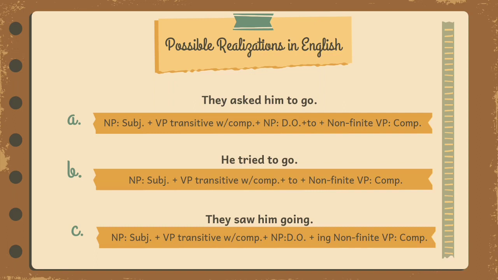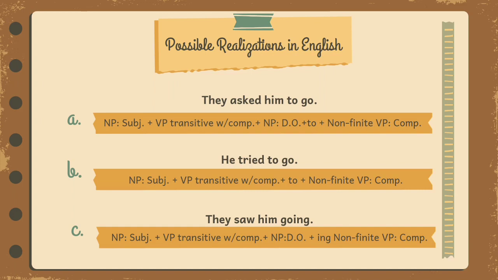These are followed by a noun phrase as direct object, him, plus to, plus a non-finite verb phrase, go, as a complement. B. "He tried to go." Here we have the same structure, but we don't have a direct object. Thus, noun phrase as subject, verb phrase transitive with complement, plus to, plus a non-finite verb phrase as a complement.